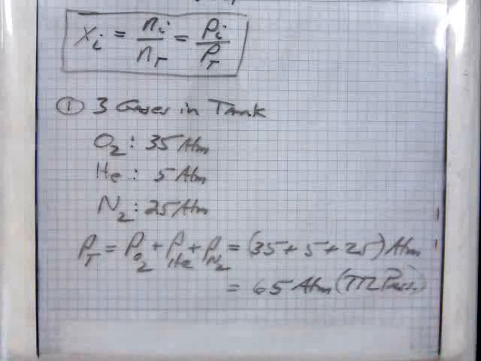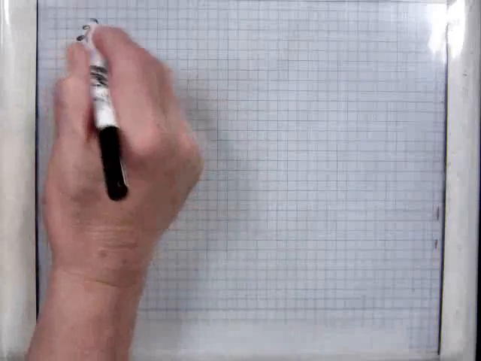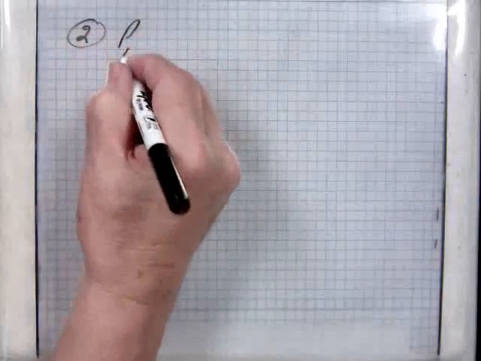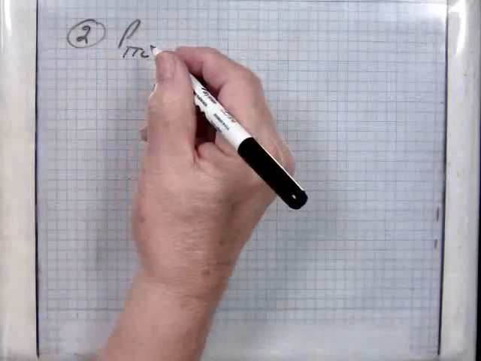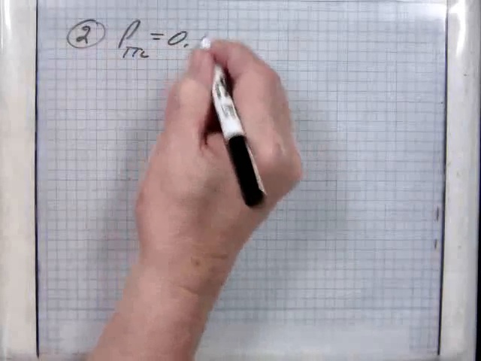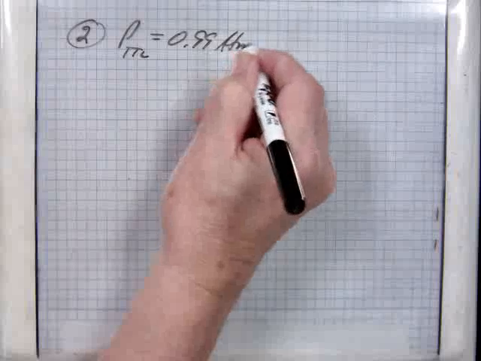Okay. So here, a blast furnace gives off unpleasant, unhealthy gases. The total pressure in this blast furnace is equal to 0.99 atmospheres.